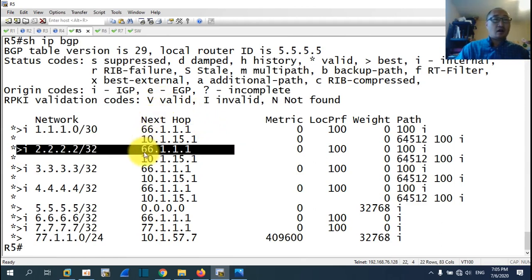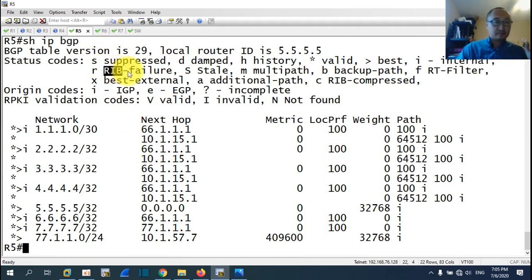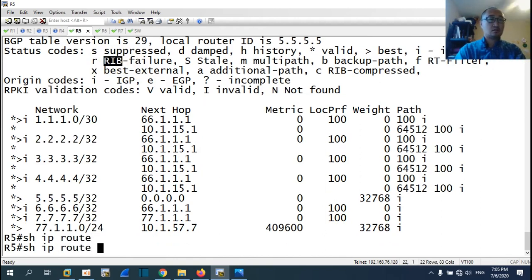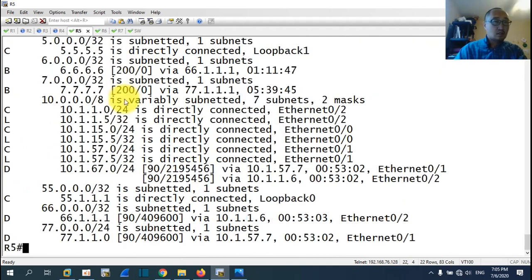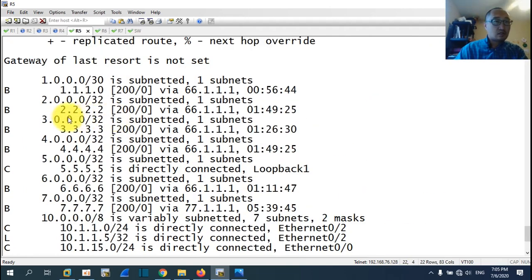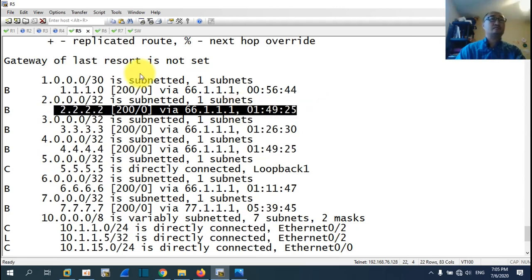So this route could be put into the RIB. So over here, show IP route. Oh yes, 2.2.2.0, it's over here, right?